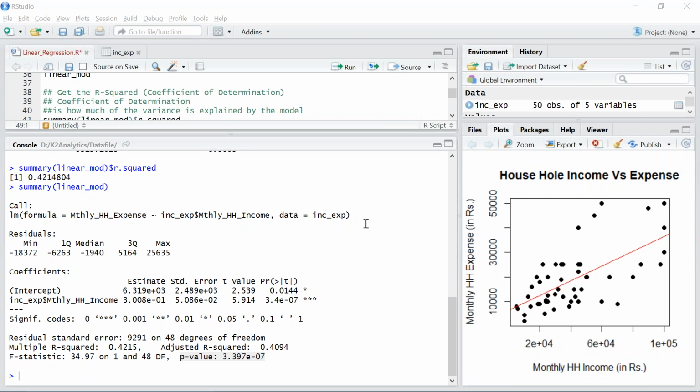Say you have set a threshold p-value of 0.05. What 0.05 threshold means is, for my alternate hypothesis that expense is dependent on income, I'll accept this hypothesis statement if I am confident 95% or above.